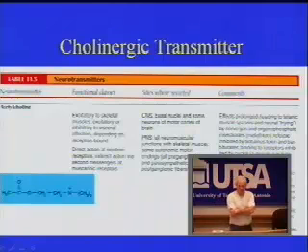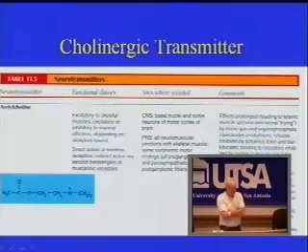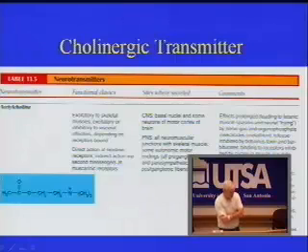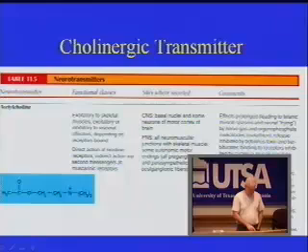It is used by the preganglionic neurons that are relaying central nervous system or CNS information out to the postganglionic neurons in the periphery. And we'll build on that storyline as we proceed.